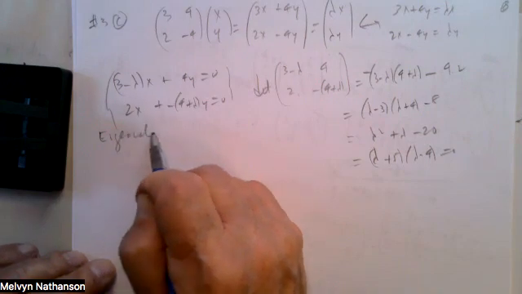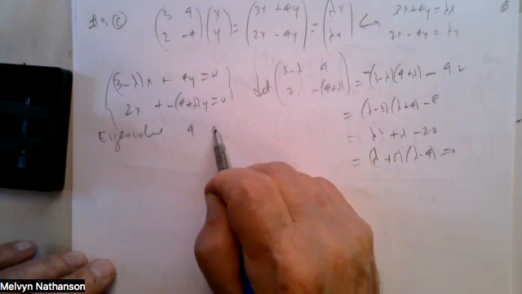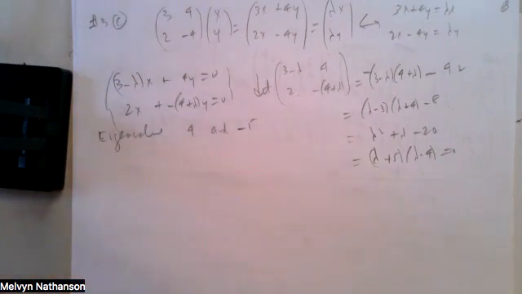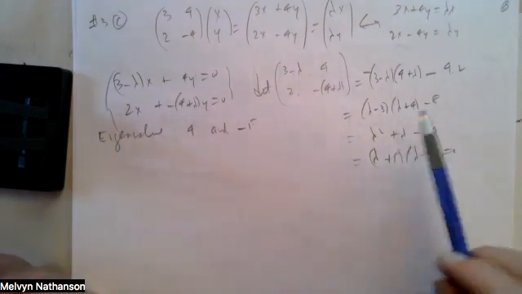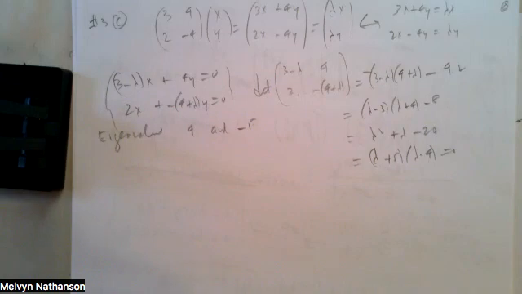So we have eigenvalues 4 and minus 5. Right? Those are the two values of lambda for which these two equations and two unknowns have a non-zero solution.